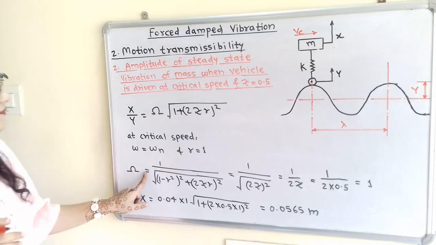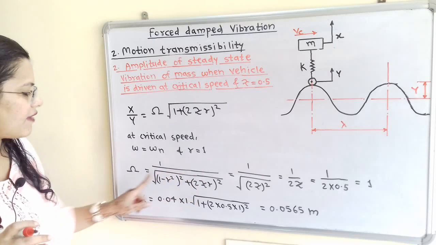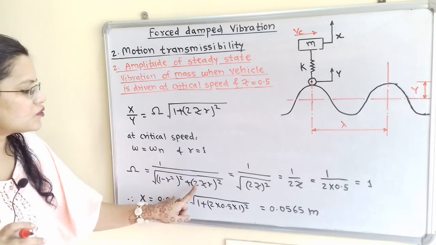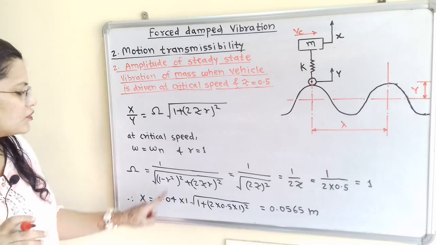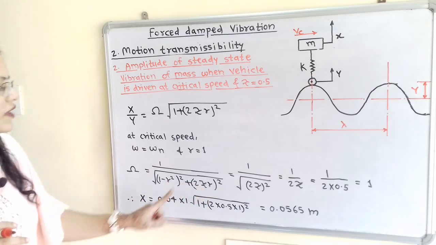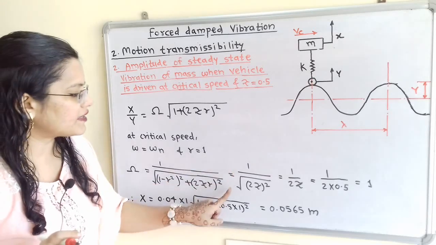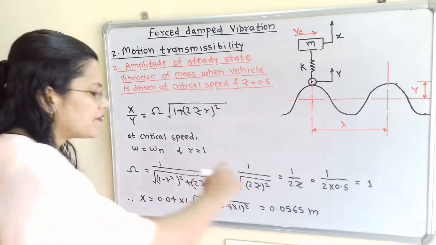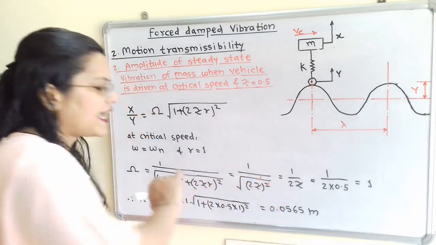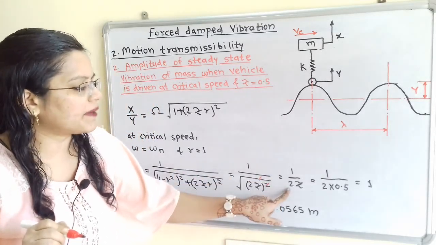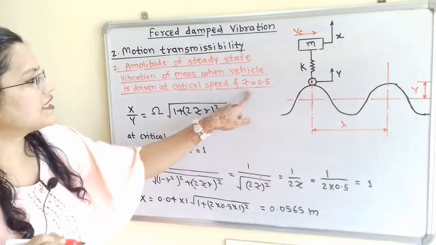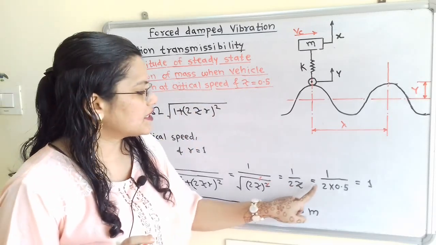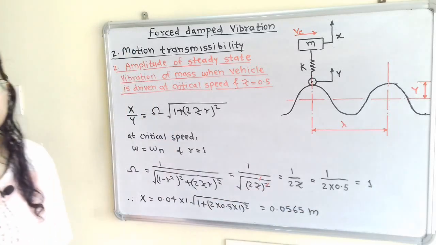Magnification factor is equal to 1 divided by under root of (1 minus r square) square plus (2 zeta r) square. When we put r is equal to 1, it is equal to 1 divided by under root of (2 zeta) square. So this square root and square is getting cancelled and it is equal to 1 by 2 zeta. That is, zeta is 0.5. So this is the condition given. So it is equal to 1.